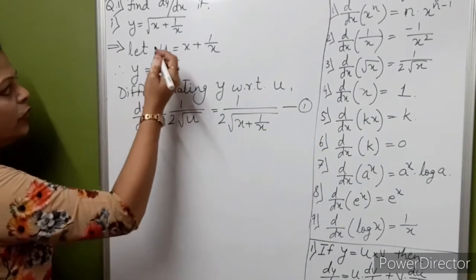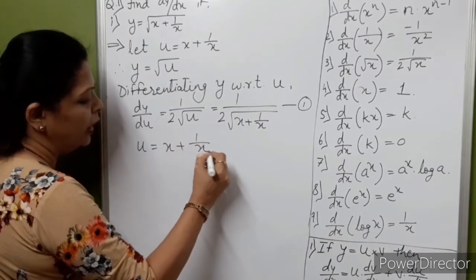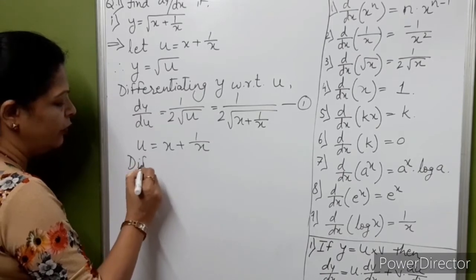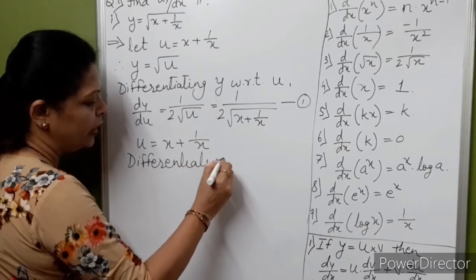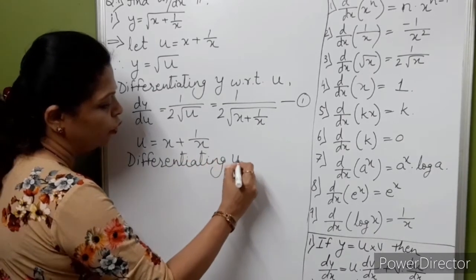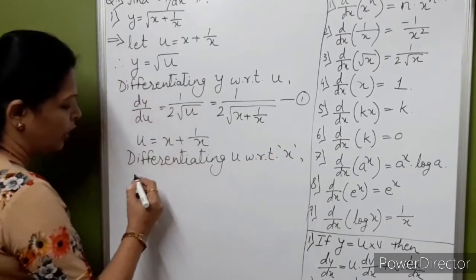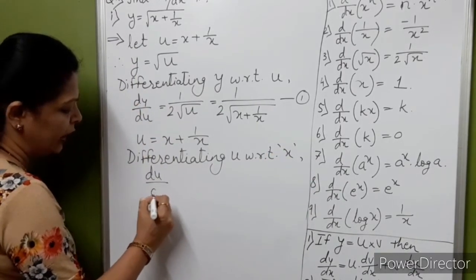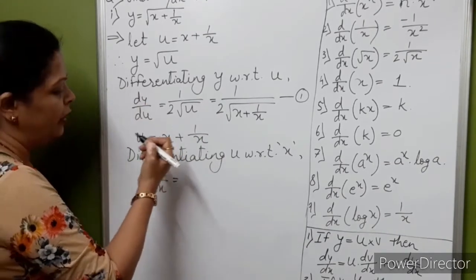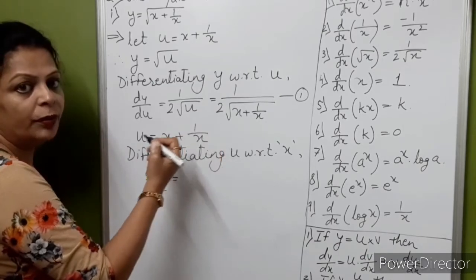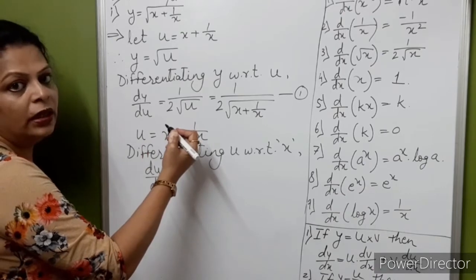Now, we will take u. u is x plus 1 upon x. So, differentiating u with respect to x, what will you get? du by dx is equal to, now this is your addition formula: y is equal to u plus v will give dy by dx is equal to du by dx plus dv by dx.